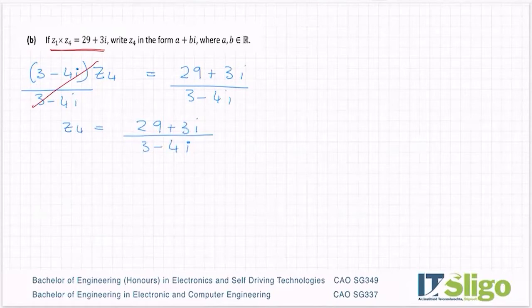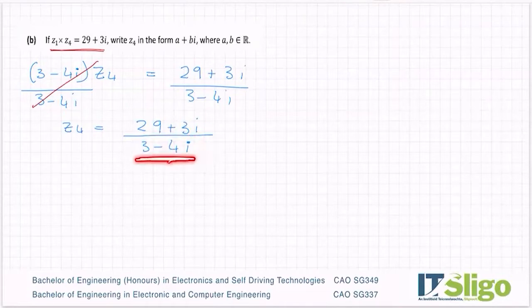Now we come to the most difficult part, in my opinion, of complex numbers, and it's how you divide a complex number. One of the rules of maths, just like you're not allowed to divide by 0, and try that in a calculator and you'll get a maths error. Another rule of maths is you're not allowed to divide by an imaginary number.